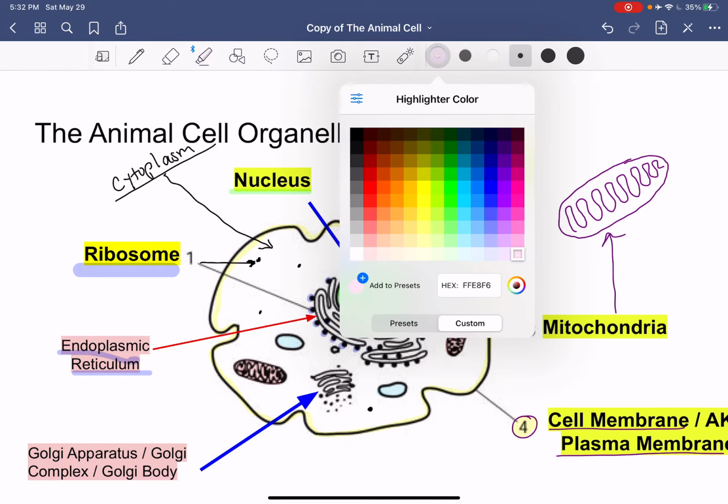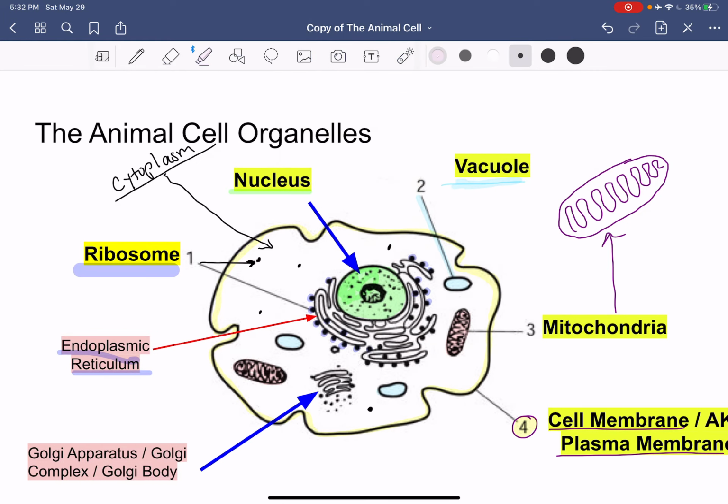Let's do really light pink. So the cytoplasm, just to emphasize, guys, is the inside of the cell, the jelly-like substance that holds all of the organelles in place. That is the cytoplasm. Again, it's a jelly-like substance that holds all of the organelles in place. It's the matrix of the cell.